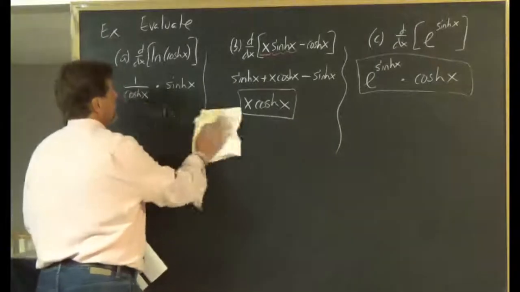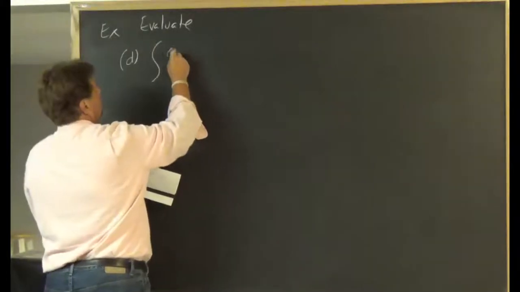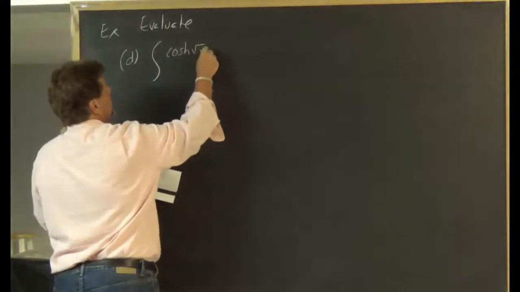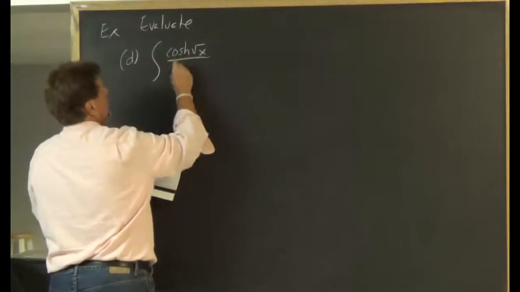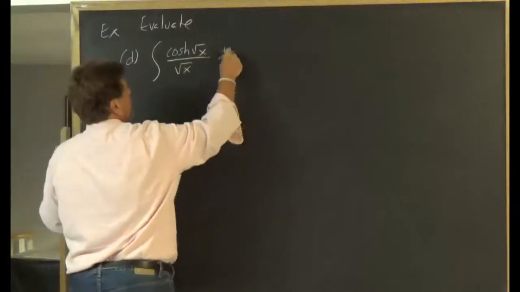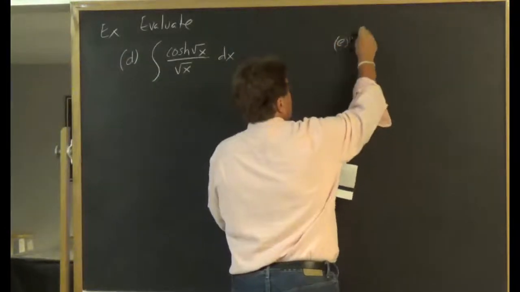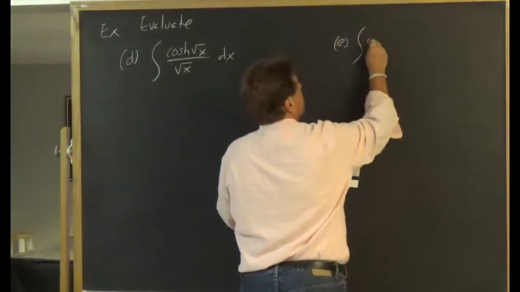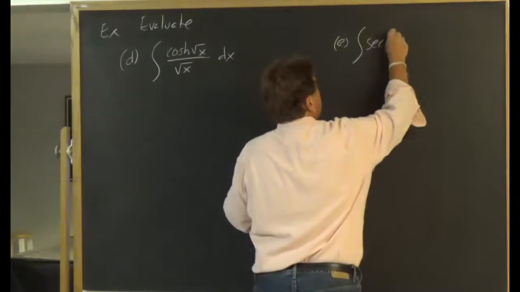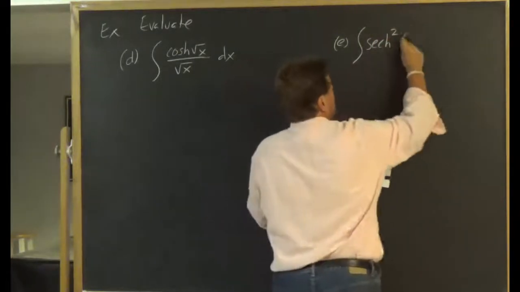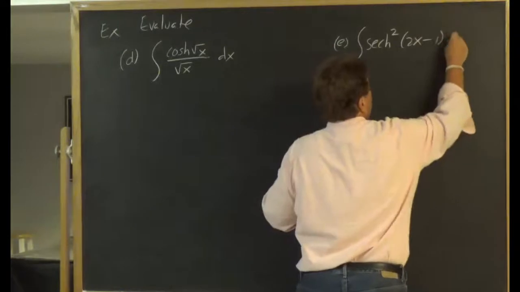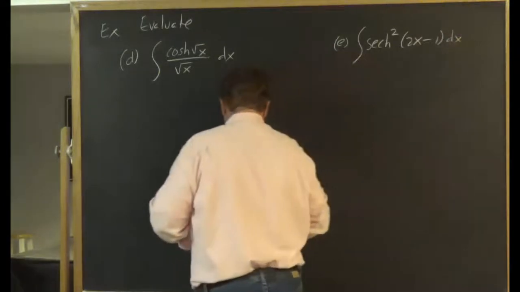A couple of integrals. We have the integral of hyperbolic cosine of square root x over square root x dx. That's part D. And then part E is the integral of hyperbolic secant squared of 2x minus 1 dx.